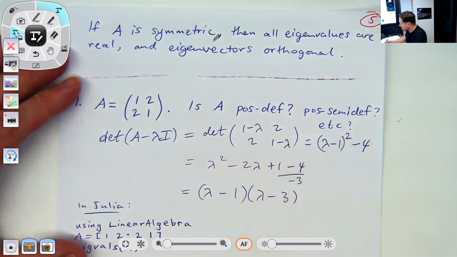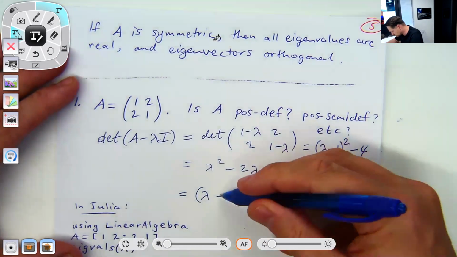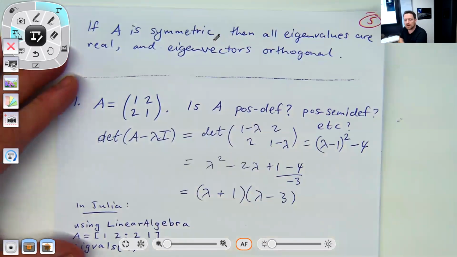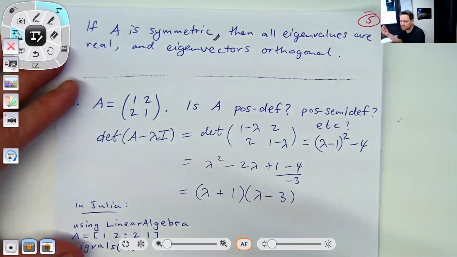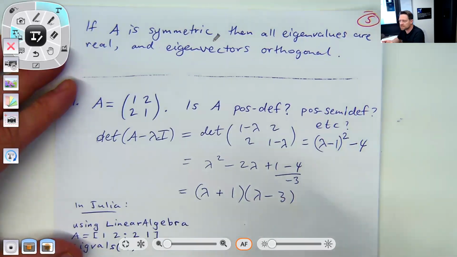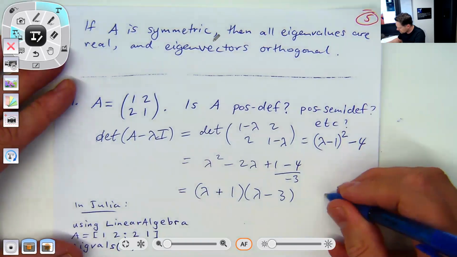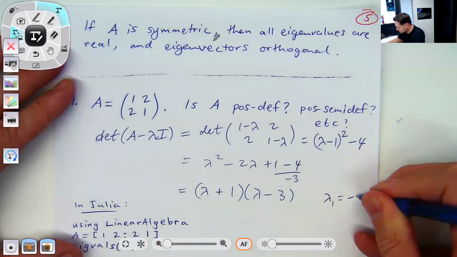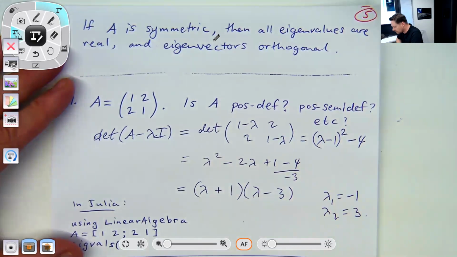Now it multiplies out to give me that. Okay, so now I see that the 2 roots of this expression are minus 1 and 3. Okay, so lambda 1 is minus 1, lambda 2 is 3. So these are our eigenvalues.